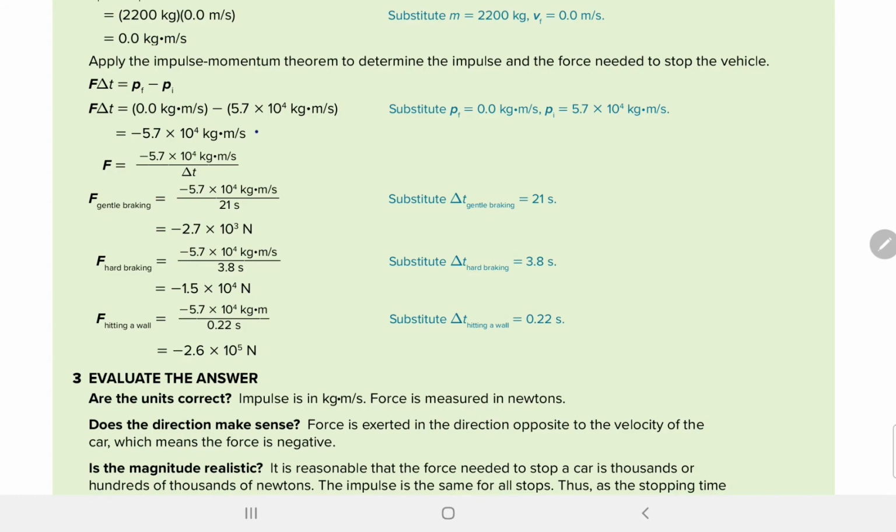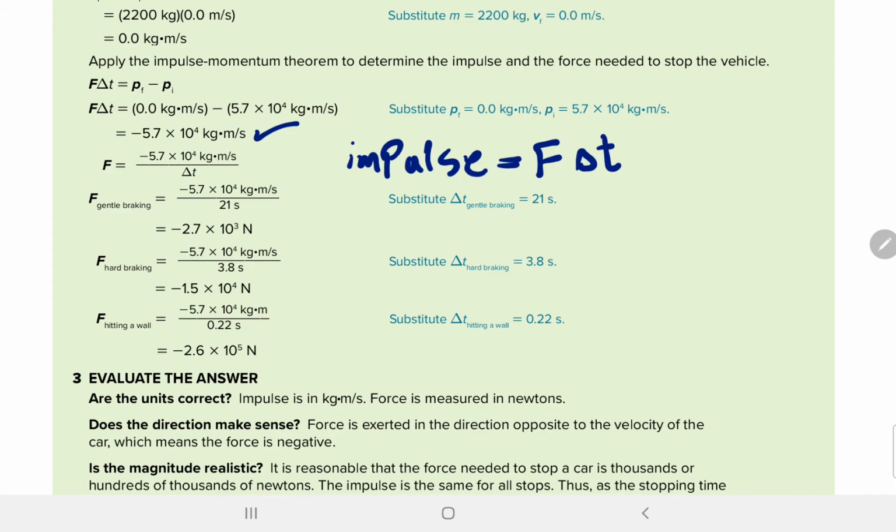So we need to calculate F when delta t equals 21, the second one, which is 3.8, and when delta t equals 0.22.